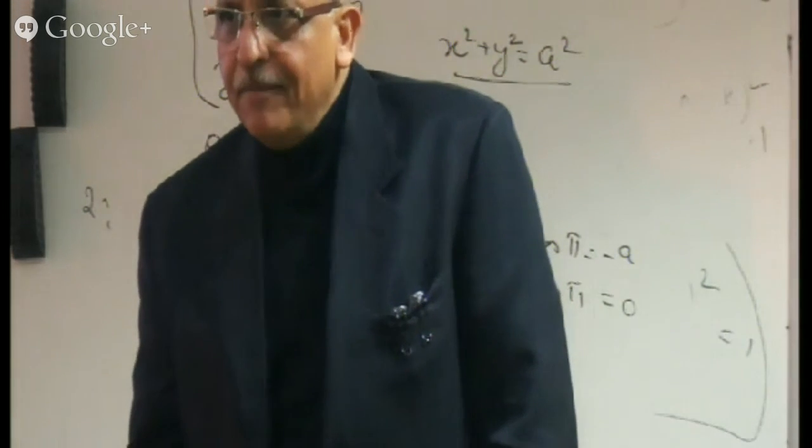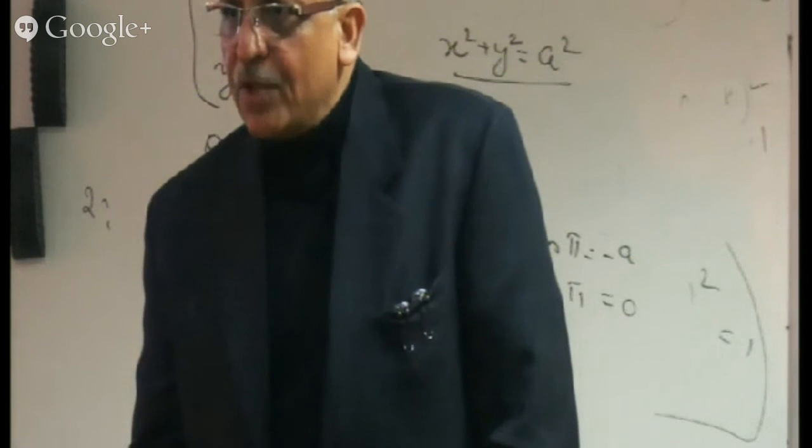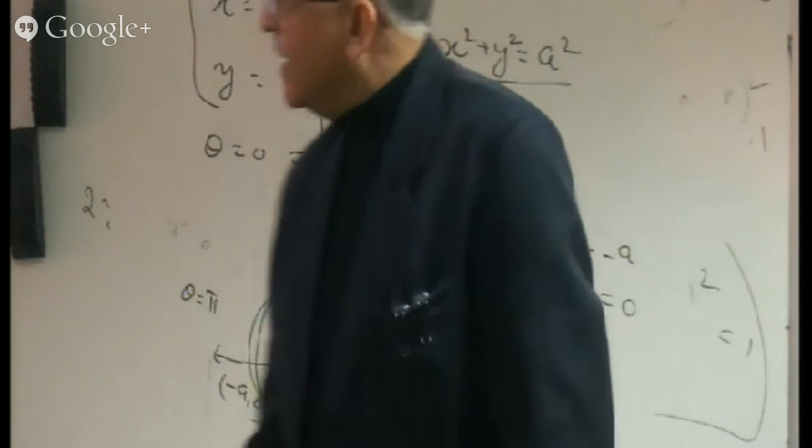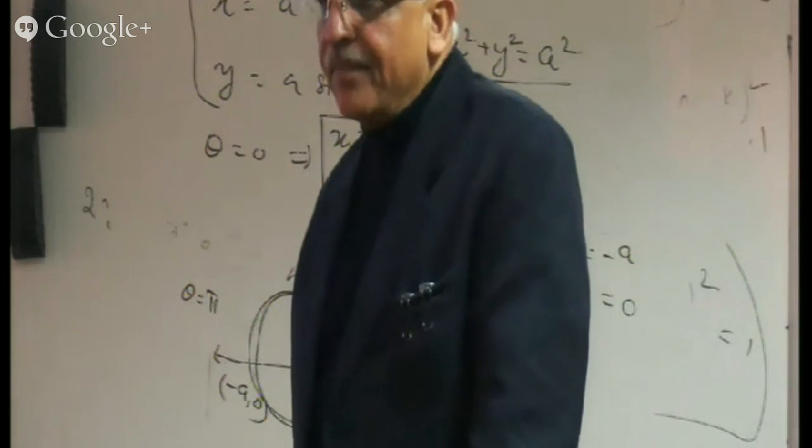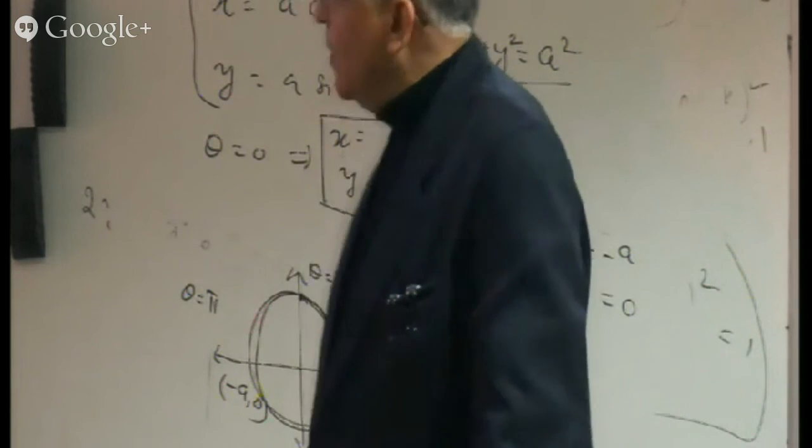Similarly, we can have a parametric equation of hyperbola. That is what is being shown here. X is equal to a secant theta, y is equal to b tan theta. You can see that if you substitute, we'll get 1. It satisfies? Can you check?